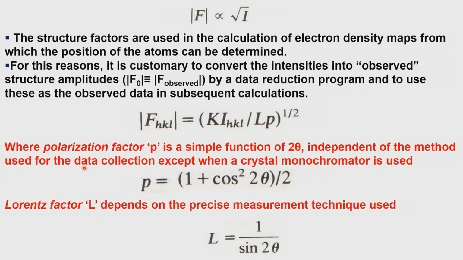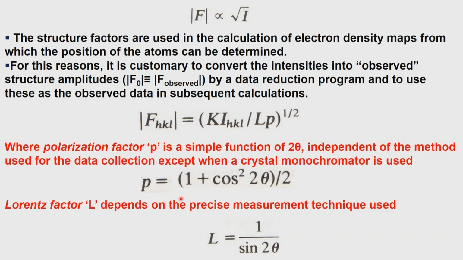That means the electromagnetic waves are oscillating uniformly in all directions, and when they impinge on the diffracting plane, on reflection they go in such a way that they are partially polarized. So, when we measure the intensities, we are measuring the intensities of partially polarized light, and P is the factor which corrects for that partial polarization.